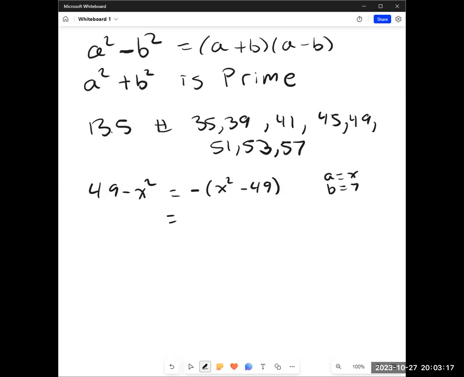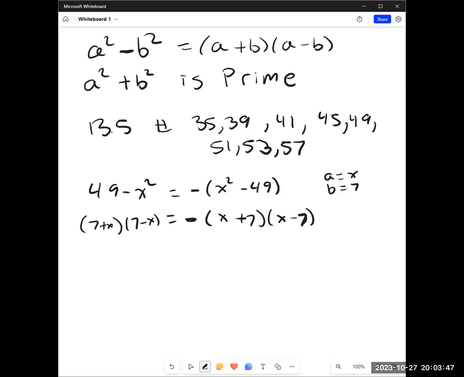I'm going to deal with it with the negative factored out because typically we want to write our x's first. This will be x plus 7, x minus 7. It'd be the same thing here as 7 plus x and 7 minus x if you just wanted to factor it that way.